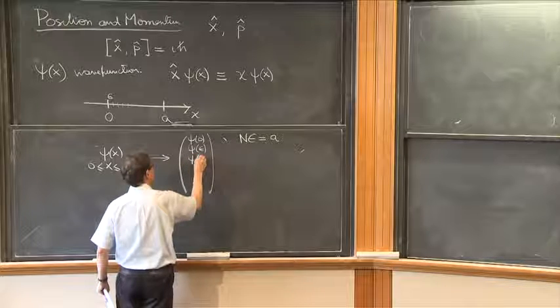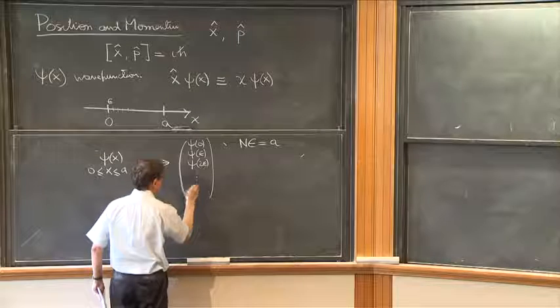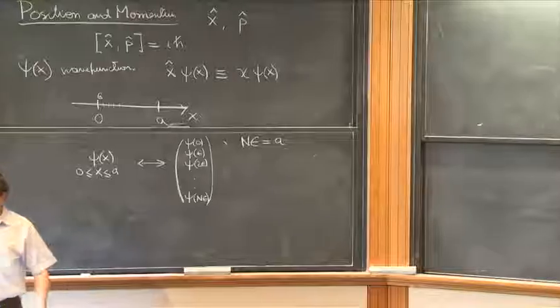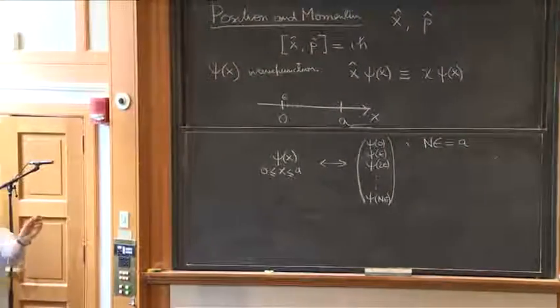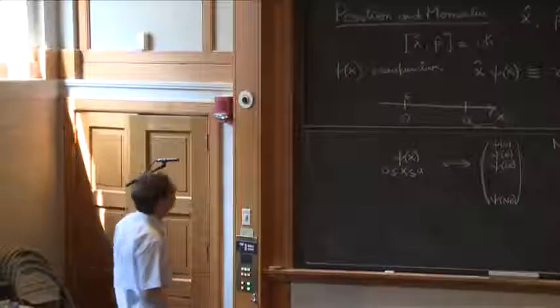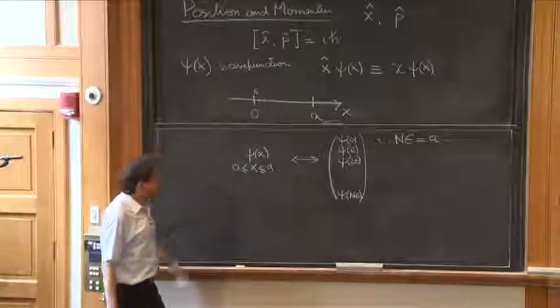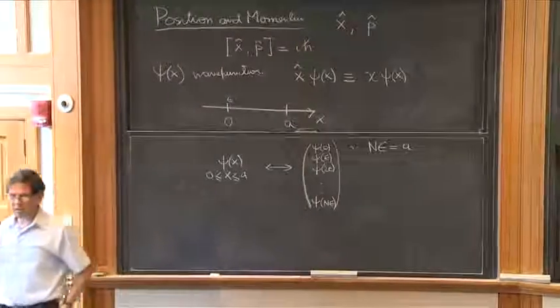The third is psi at 2 epsilon. And the last one is psi at n epsilon. And depending on how much accuracy you want to work with, you take epsilon smaller and n larger, keeping a constant. And this would be like summarizing all the information of a function in a vector.